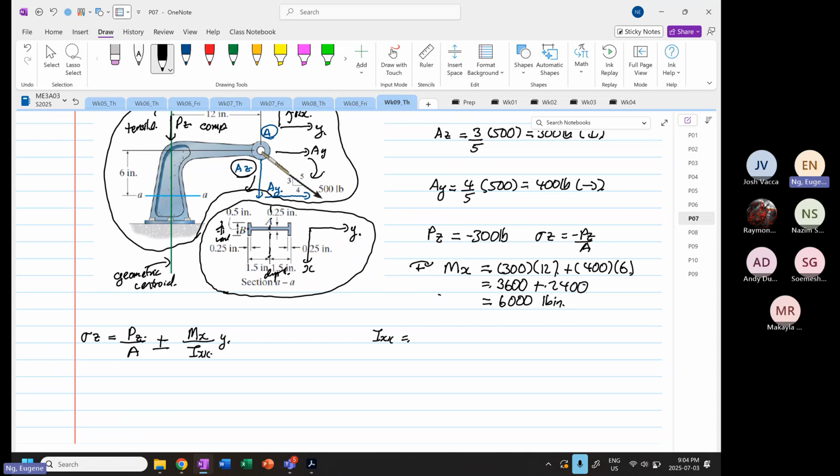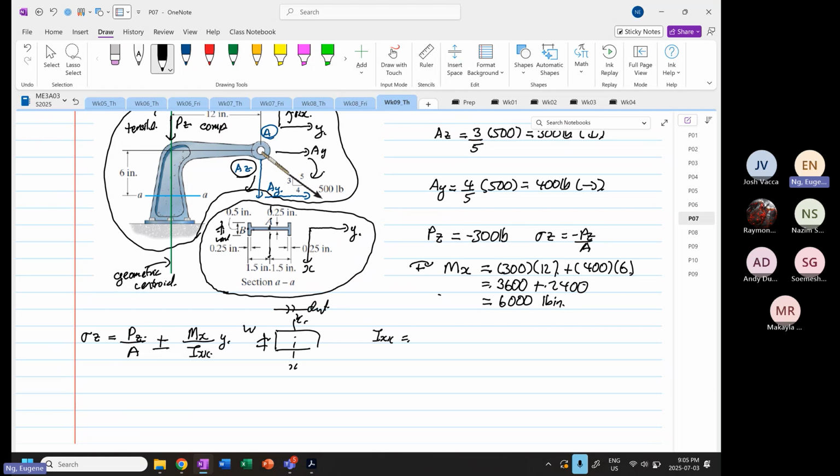Somehow I'm having a brain fart over here. It's too messy now. So IXX, the axis of interest XX. So this is the width, and this is the depth.